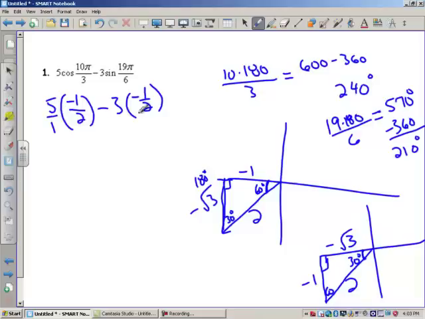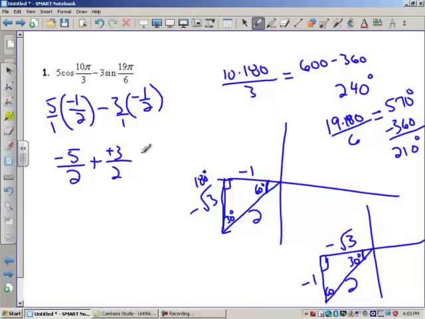I'm going to put a 1 under that 5 and a 1 under that 3 so I can see the multiplication of fractions. So I'll multiply the tops together, and then here I'm going to multiply the tops together, and I'm going to get this double negative thing, which I'm going to turn into a positive.